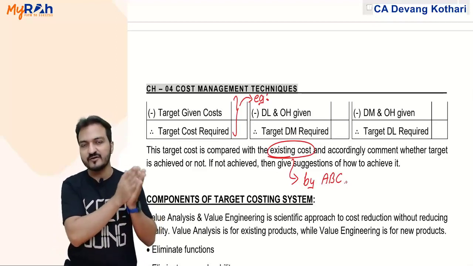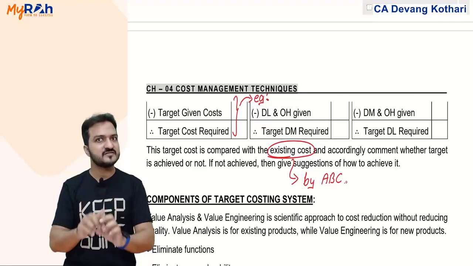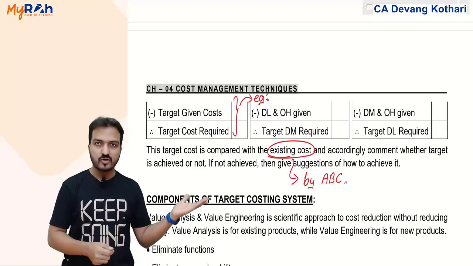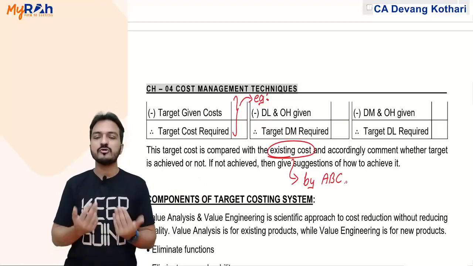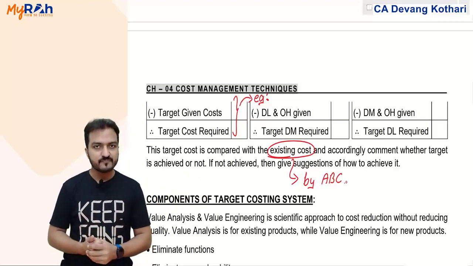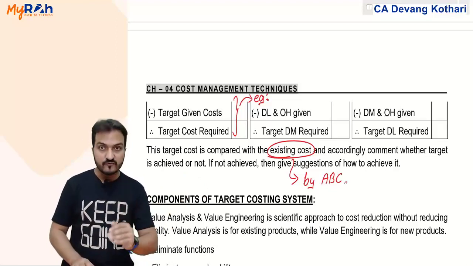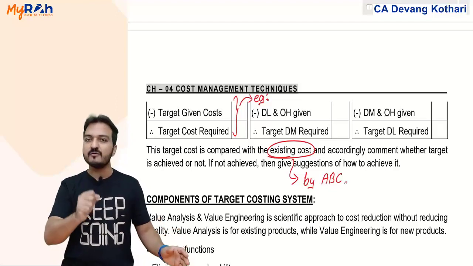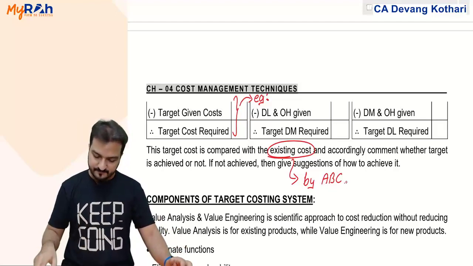Well, you should have learnt it in your intermediate level, and it will be applied at many places in CA final. So over here also, your target costing questions might require activity based costing. Yes, so you identify the existing cost of the product not by absorbing overheads in a routine method, instead by absorbing overheads based on activities.